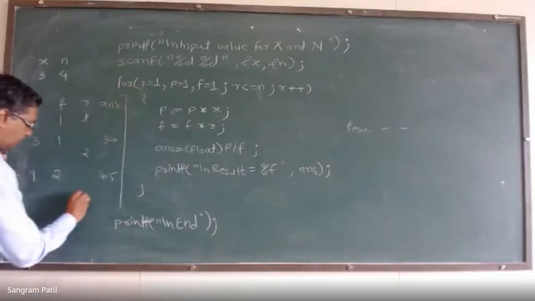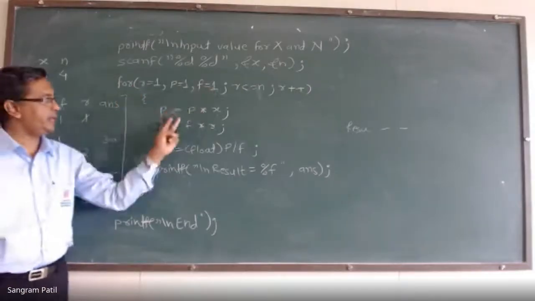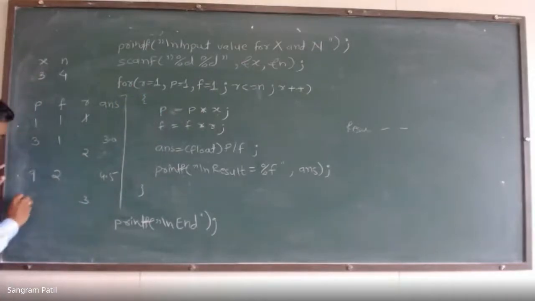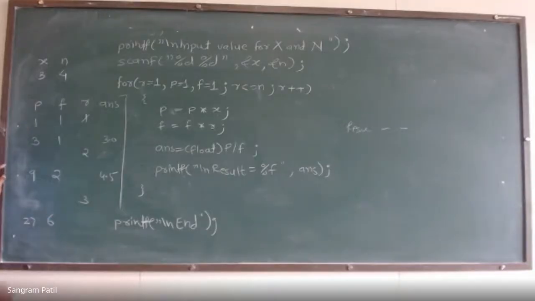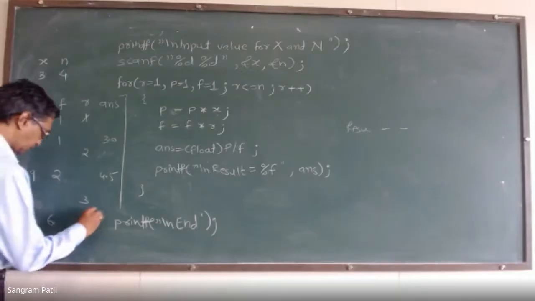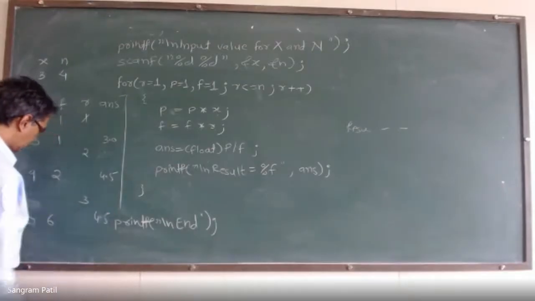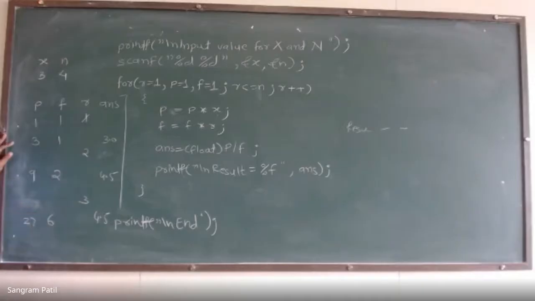R plus plus, value of R becomes 3. Less than N, yes. 9 into 3 is 27. 2 into 3 is 6. So 27 divided by 6, 4.5 something, whatever it is. Like this it will go on.